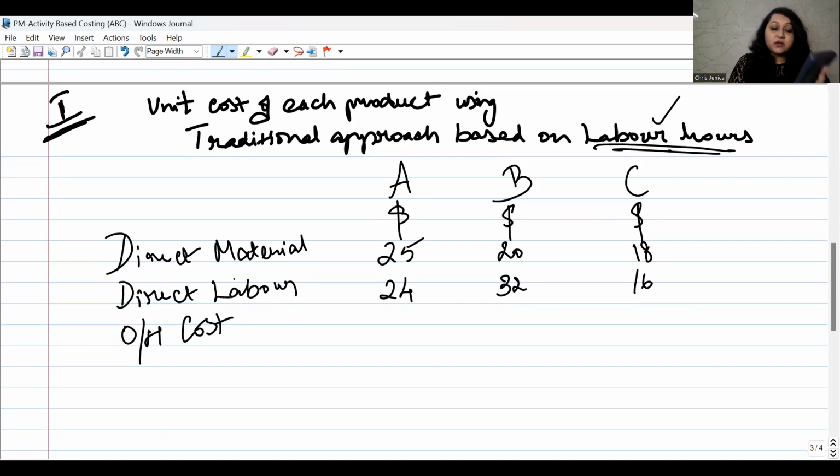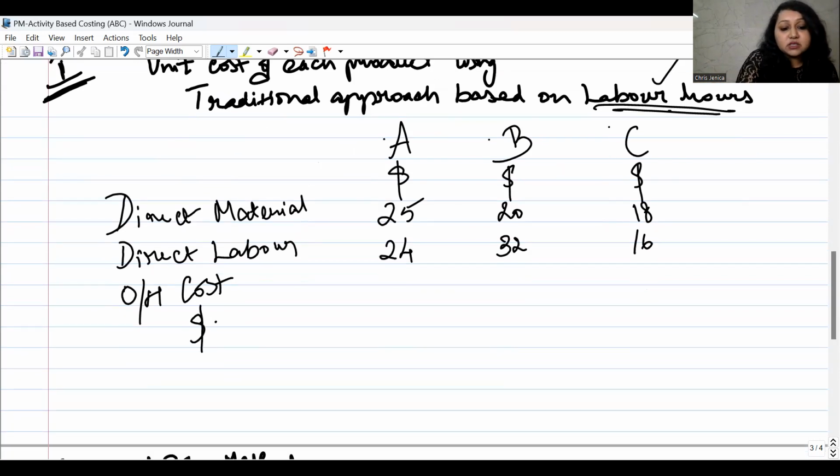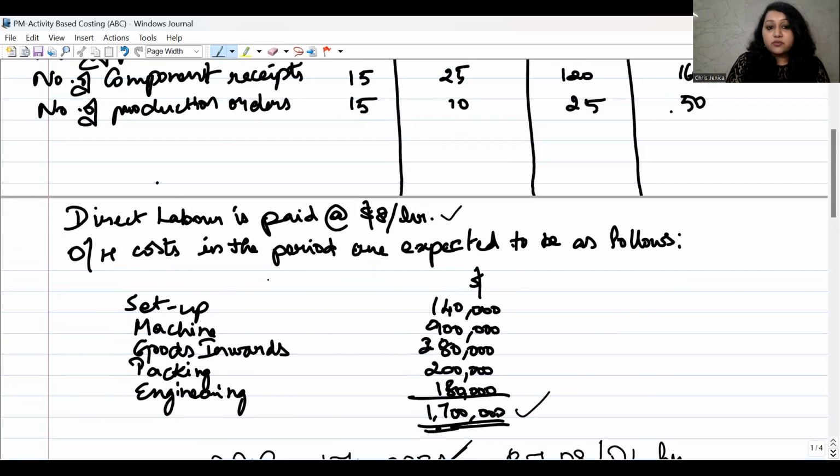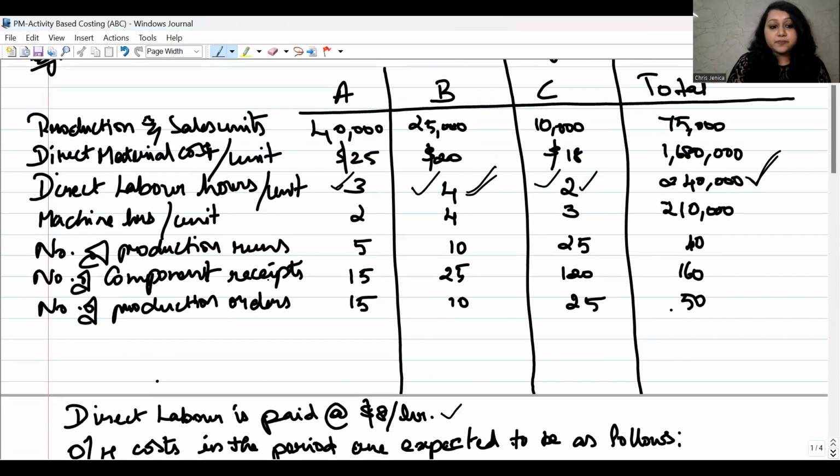So now we know the basis on which we are going to absorb the cost, that is direct labor, right? So the overhead cost has to be absorbed into products A, B, and C based on labor hours. And you know per labor hour is $7.08. Now how many hours is it taking for product A?